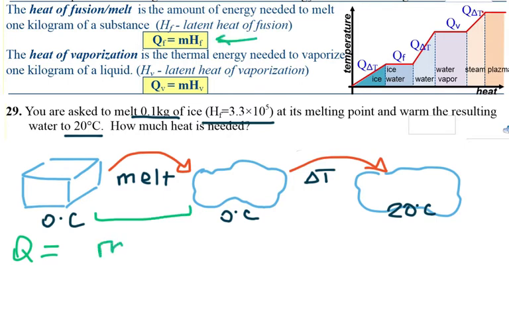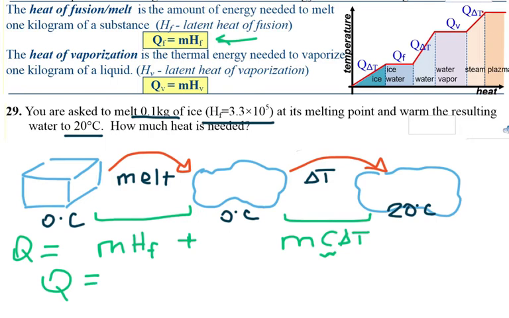I have the mass that is given, 0.1 kilogram, times H of fusion, plus, now the heat needed with the change of the temperature is MC delta T, because I'm changing the temperature, with C of the water, because it is the water that is heating up. They both have masses, so I can take the mass out: the mass times the heat of fusion, plus C delta T.